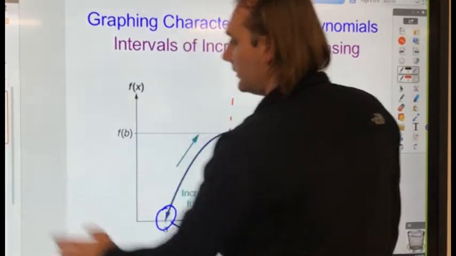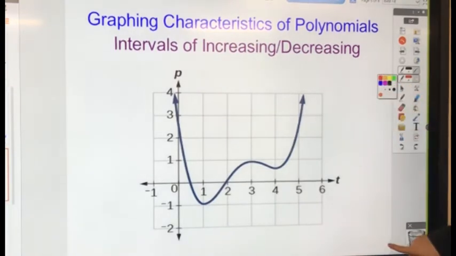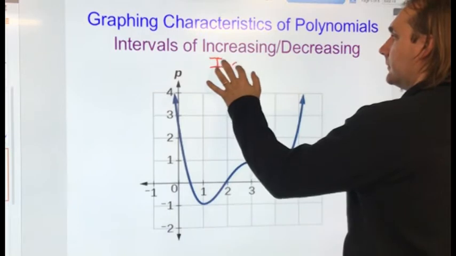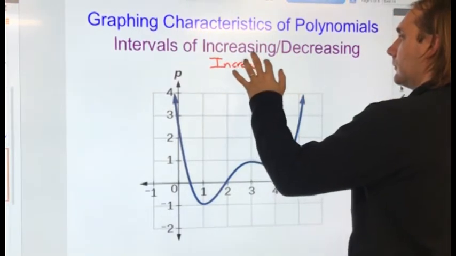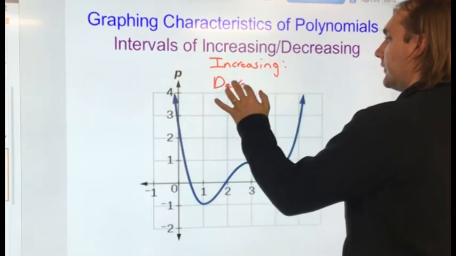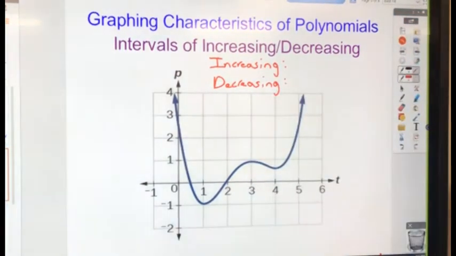Now let me give you a moment to try to figure out the intervals of this polynomial. So when I separate this out into its intervals, I want to figure out where it is increasing and where it is decreasing. First up, can somebody tell me how many turning points does this polynomial have? 3.